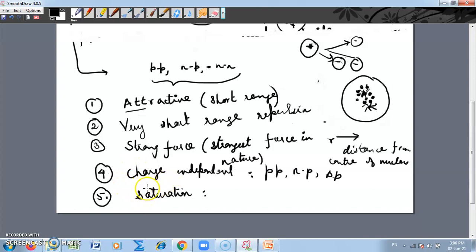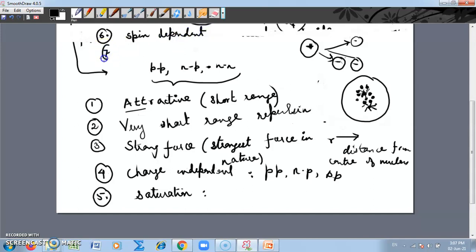So these are some of the points that we can understand, but there are certain other points related to the nature of nuclear force. Number 6, I will write it here since there is no space and not even much time. It is spin dependent, which we will eventually learn. What is spin dependence?